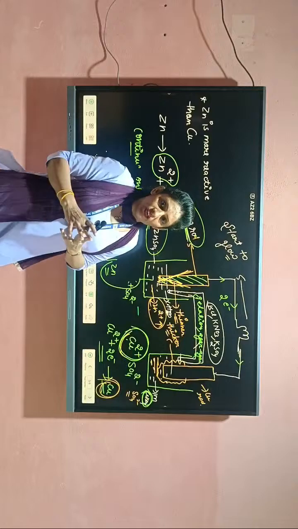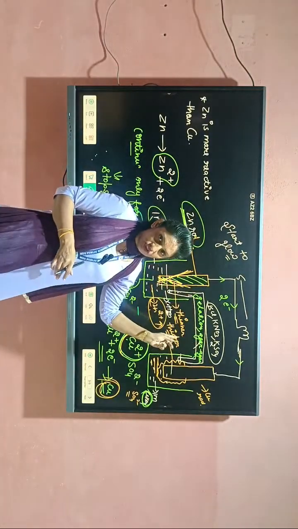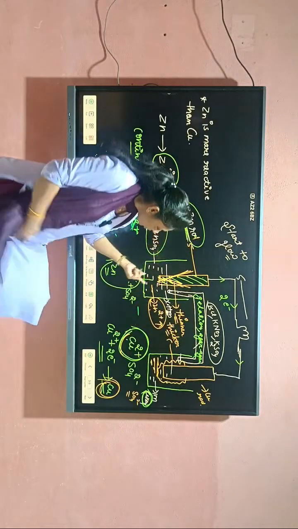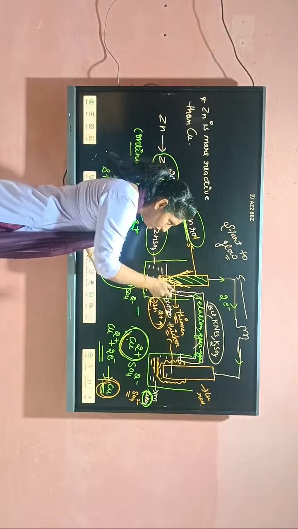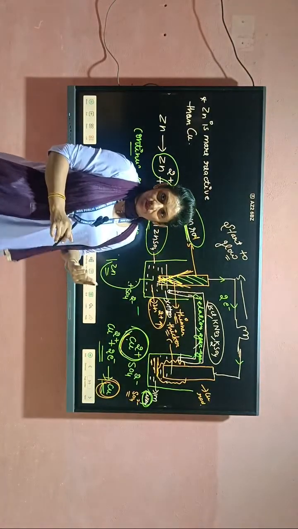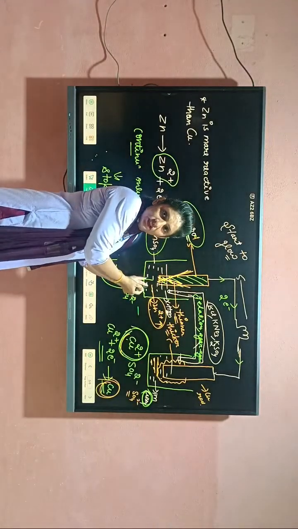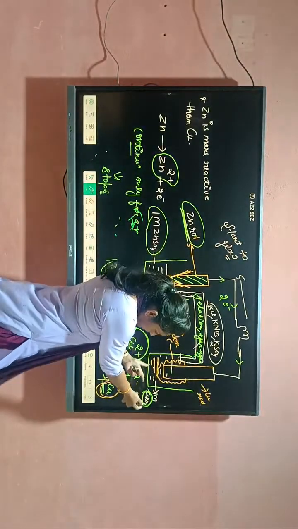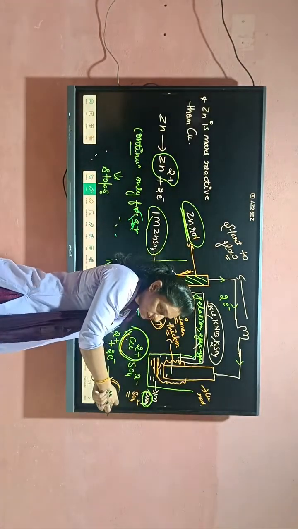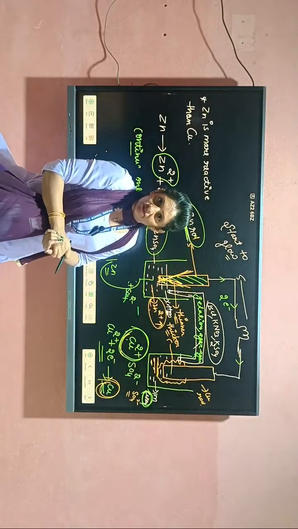Then students, what will happen if we are having the salt bridge? If positive ions concentration is increasing here, then like we are taking potassium chloride only, chloride ions can maintain neutrality here. Clear or not? If students, here sulfate ions are increasing, then potassium ions can maintain neutrality here.